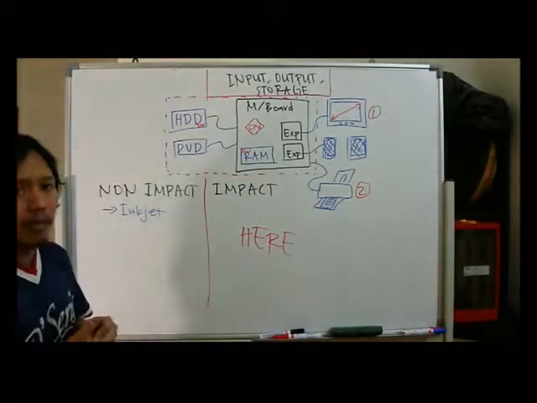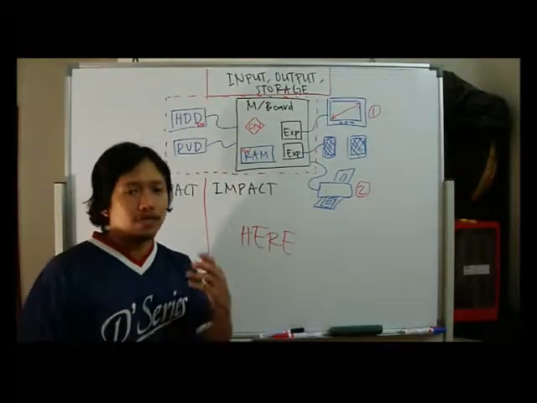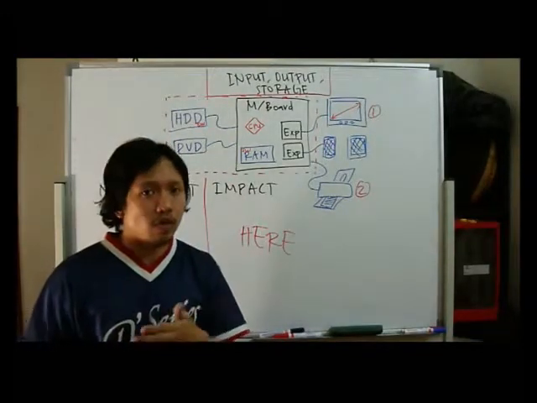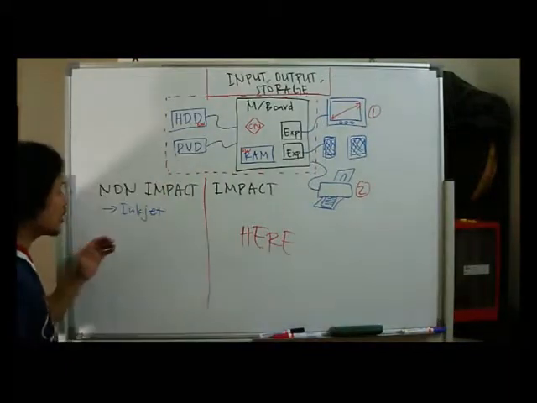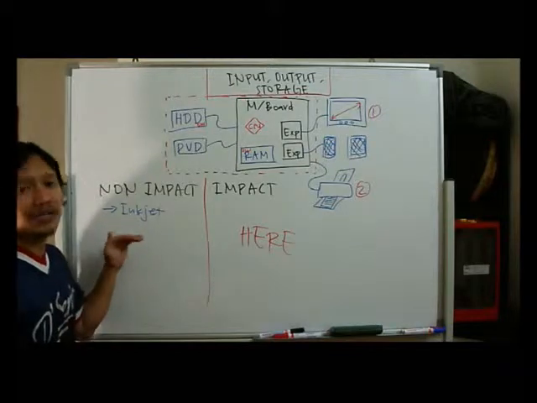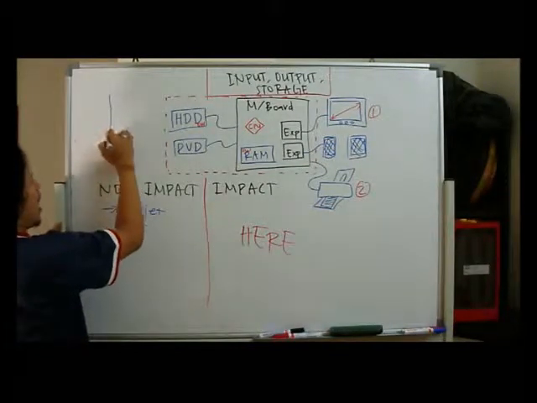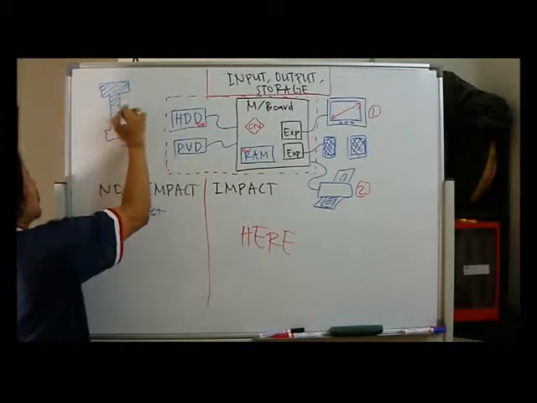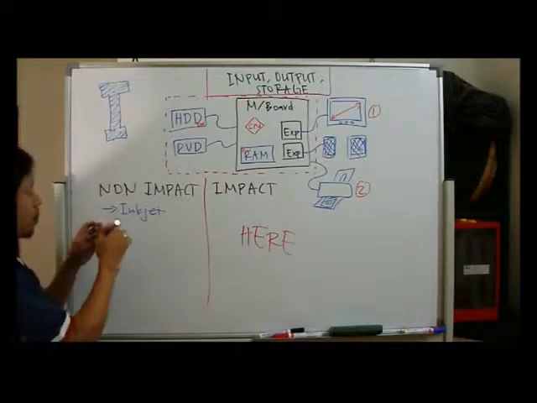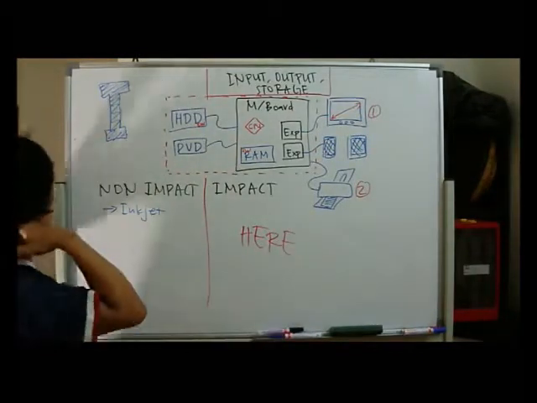The inkjet is the type of printer which is very popular. You go to a shop, likely you'll find an inkjet printer first before any other printers. For the inkjet printer, what happens is that it actually sprays ink. Let's say you want to print the letter I. The inkjet will spray ink line by line.